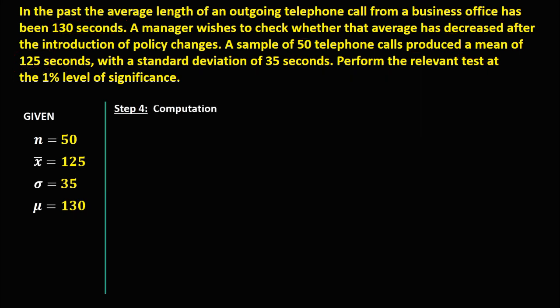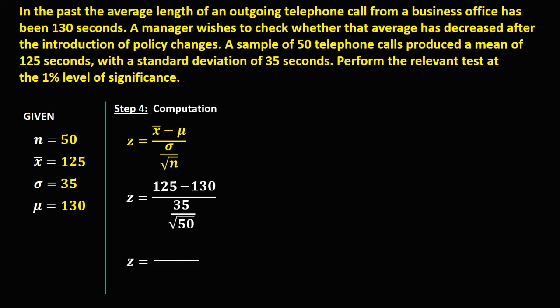Then for the computation, Z is the sample mean, that's 125, minus the hypothesis mean, 130, divided by the standard deviation, that's 35, over the square root of the sample size, that's 50. Then simplify. This 125 minus 130 is negative 5.